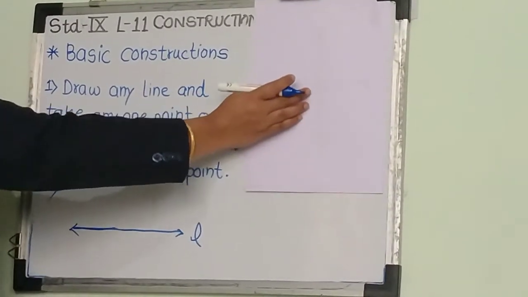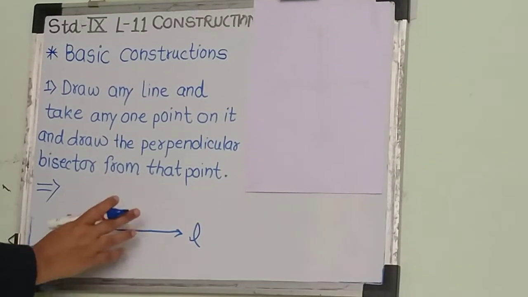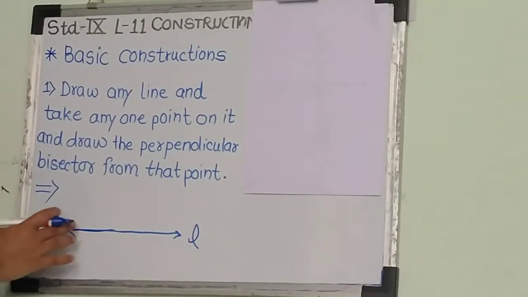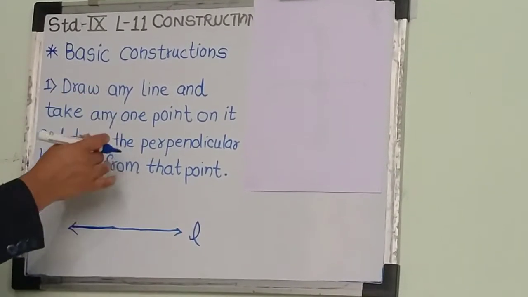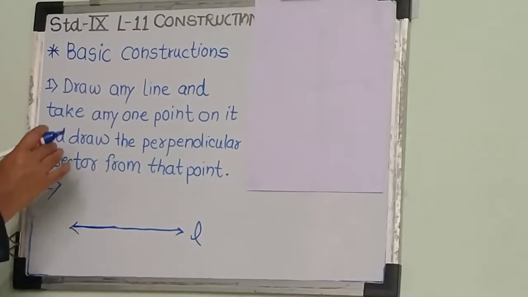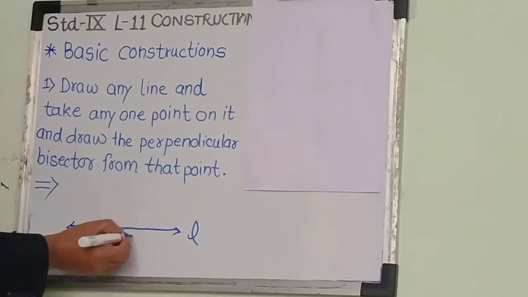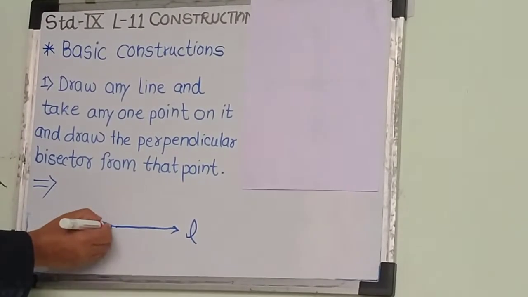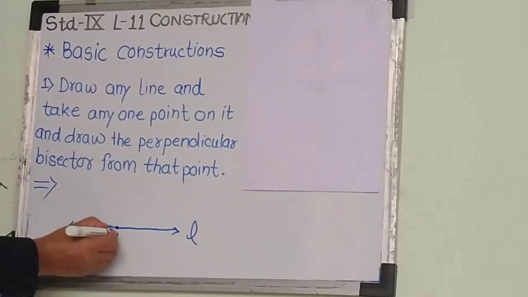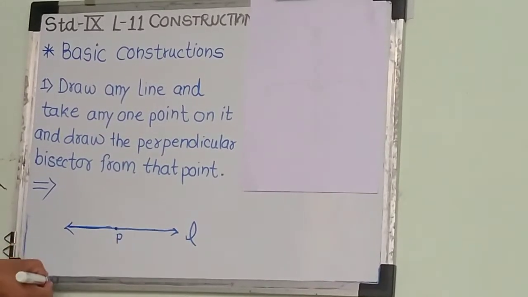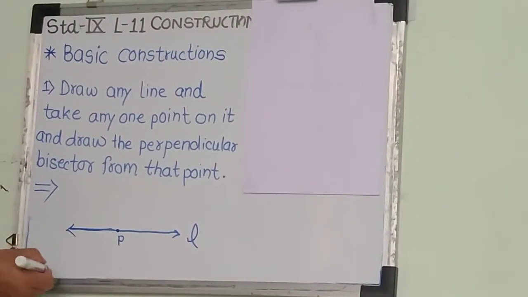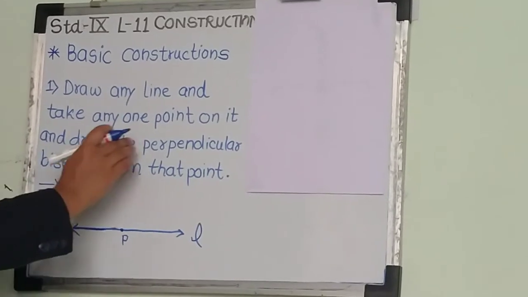According to the page size, we are going to draw one line. Then we have to take any one point on it. You can take here also, here also, here also. Anywhere on the line we are going to take point P. And then we have to draw the perpendicular.